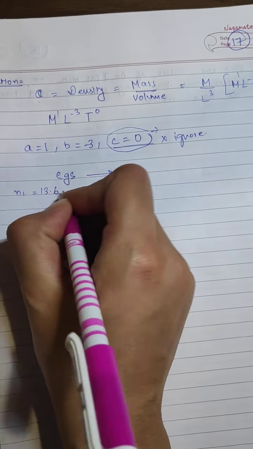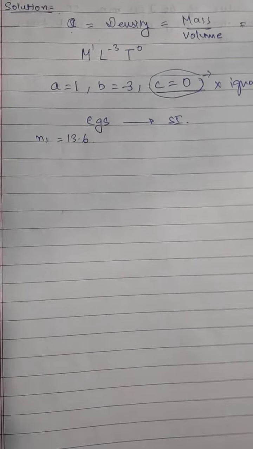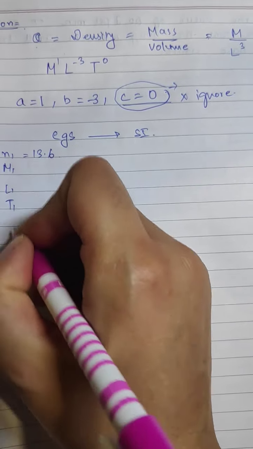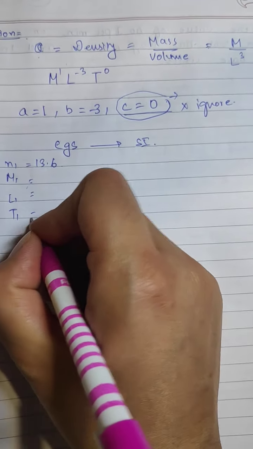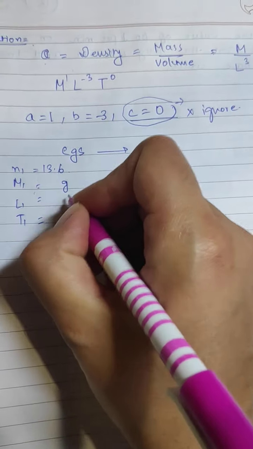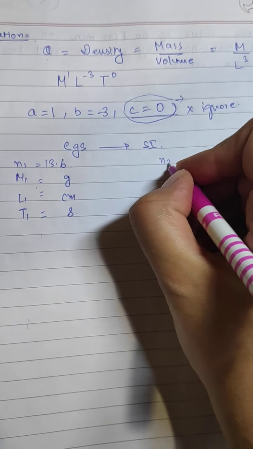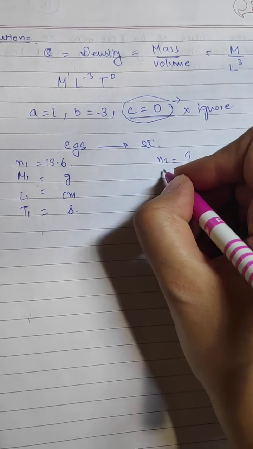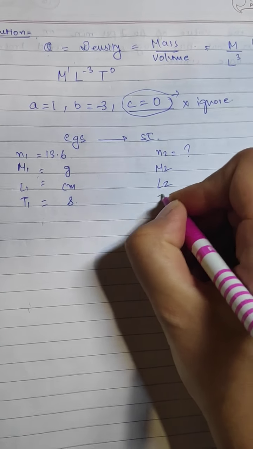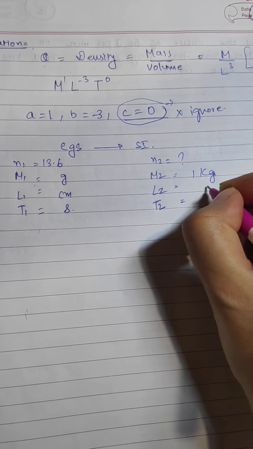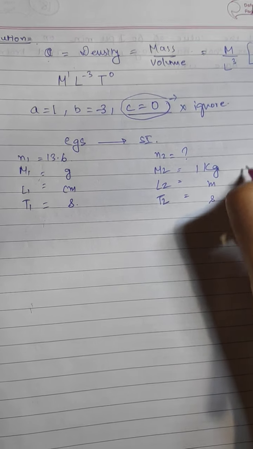That is 13.6, already given to you. What are M1, L1, T1? It is gram, centimeter, second. Here n2 we don't know because we have to convert. M2, L2, T2. So for the SI system, kg, meter, second.